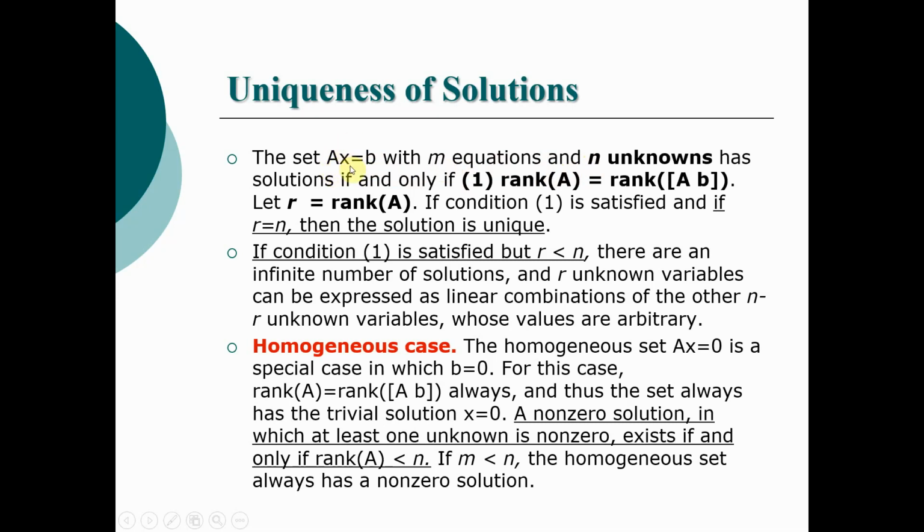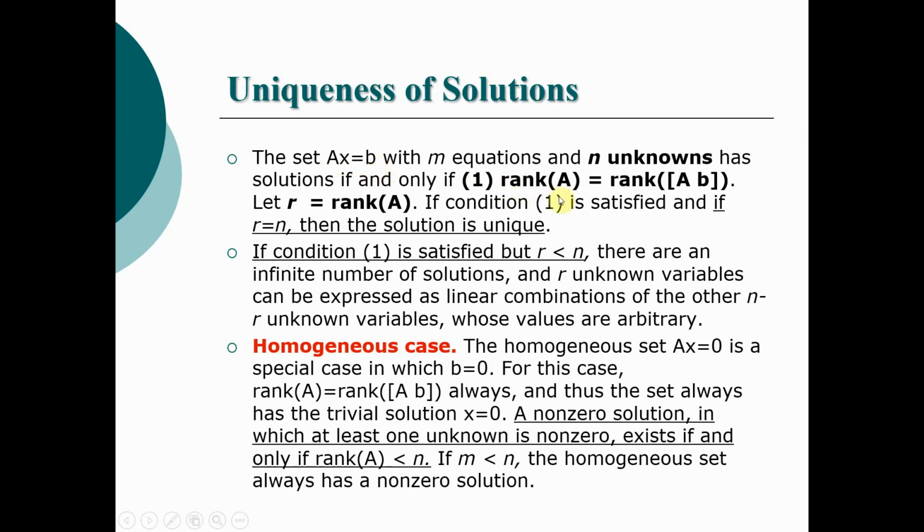X has n elements and B has m elements. So this is m by n, this is n by 1, so this would be m by 1, right?